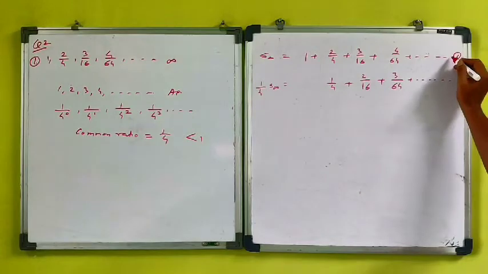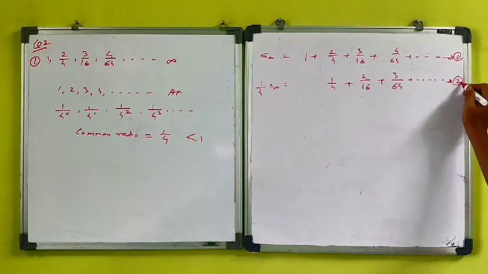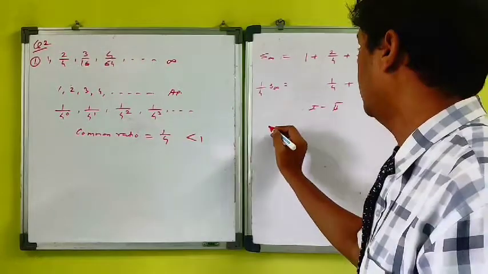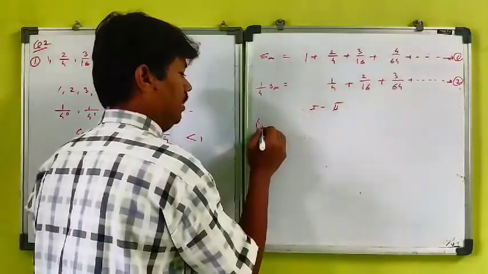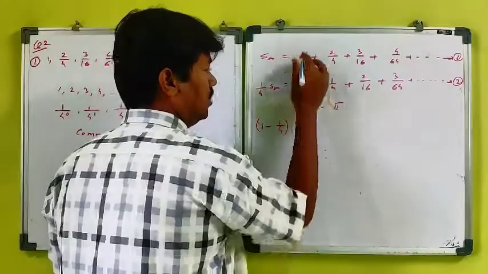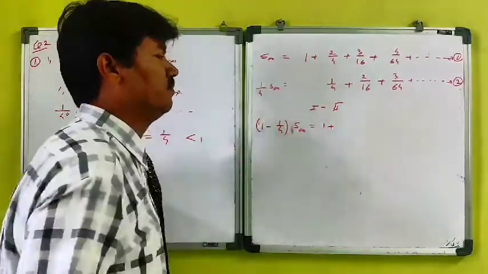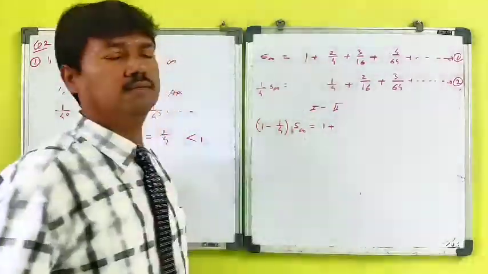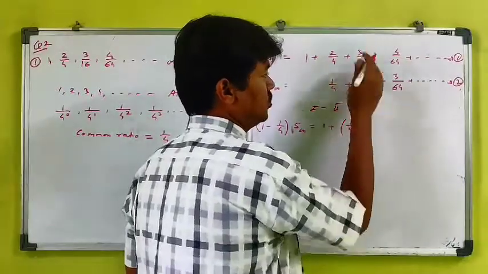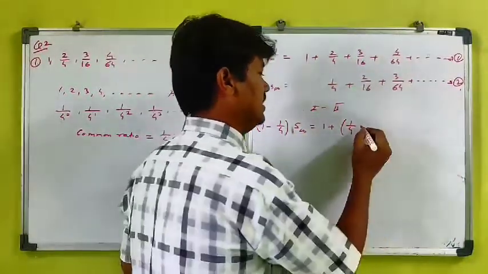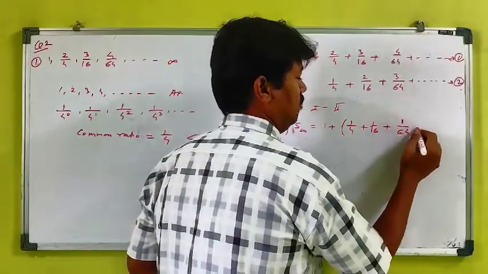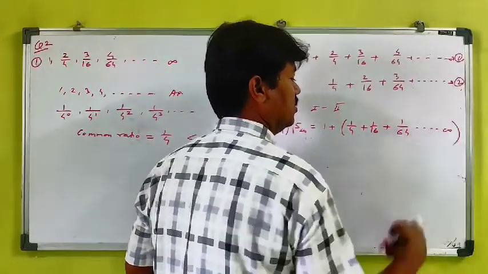This is number 1, this is number 2. So 1 minus 2, that is 1 minus 1 by 4 into S infinity. Here the 1 is as it is, plus 2 minus 1, which is 1 by 4. The next is 1 upon 16, the next is 1 upon 64, and this is an infinite series.